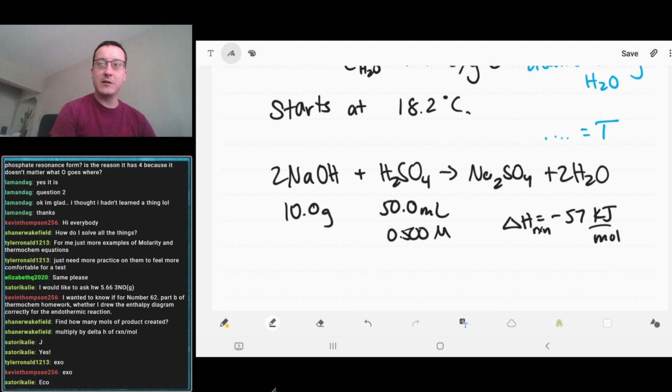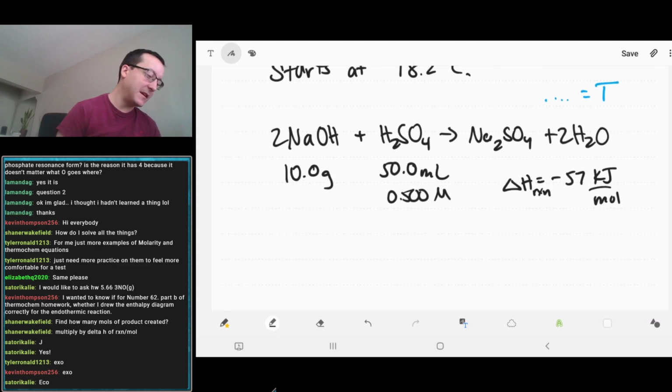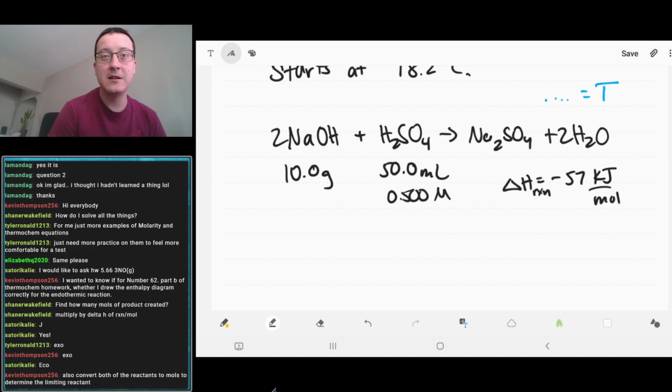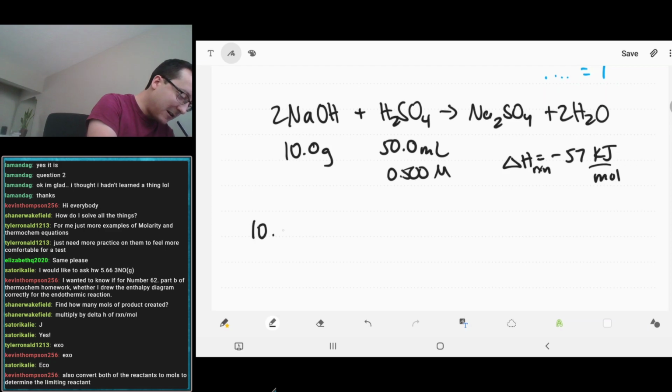So it looks like we have a stoichiometry problem here, and we have two reactants. So yeah, exactly, we're going to have to do limiting reactant here. How annoying. I think it's 40 grams, yeah, for 1 mole.